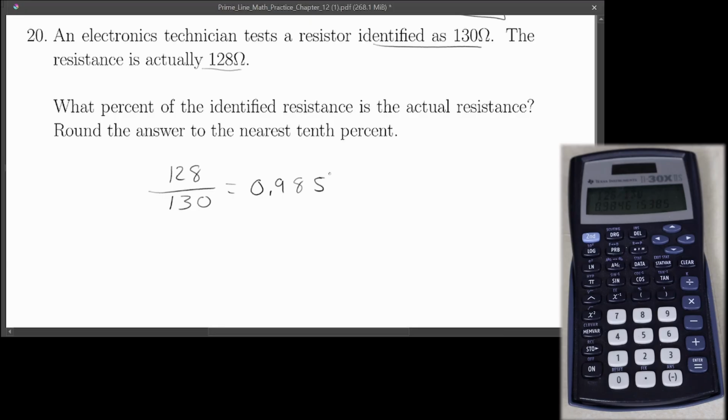We'll round it up to 5 for now. And then we're going to convert this to a percent. So this is 98.5 over 100 if we look at our hundredths place, which becomes 98.5%. That's number 20.